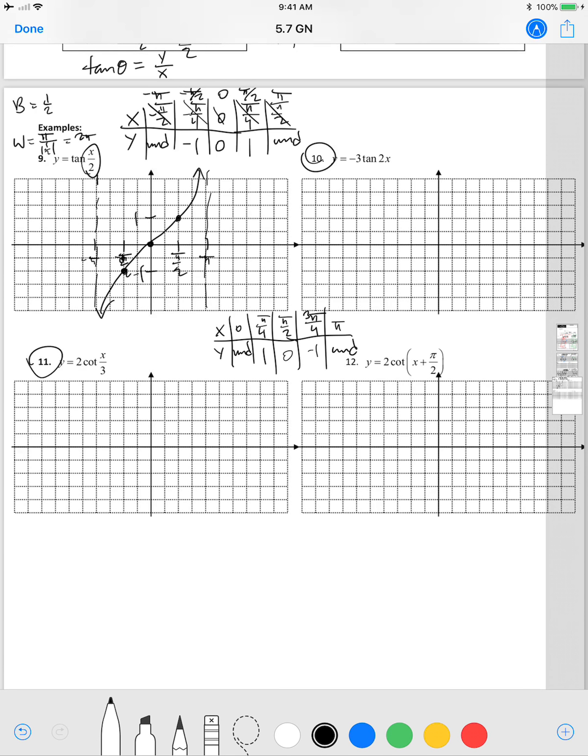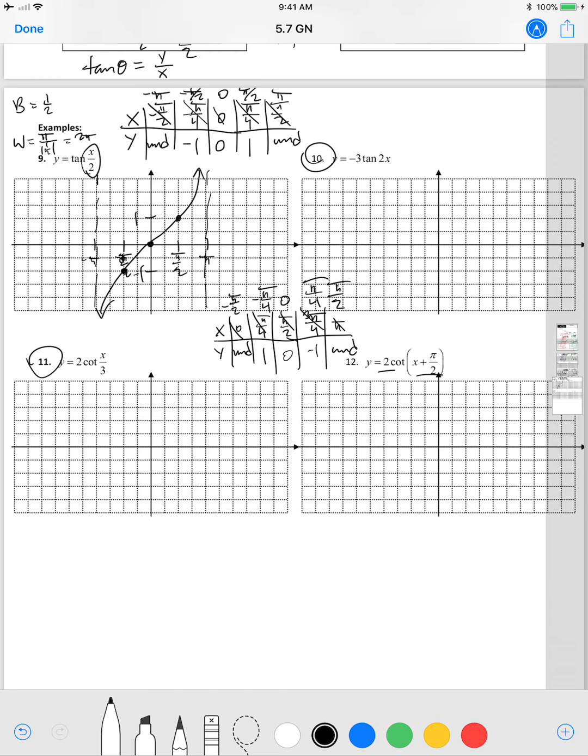And now I have a phase shift pi over 2 to the left. Subtract pi over 2 from all of these x values. -pi over 2, -pi over 4, 0, pi over 4, pi over 2.